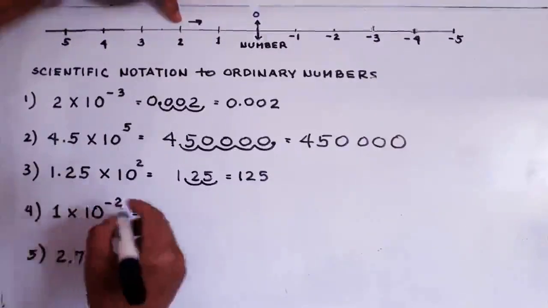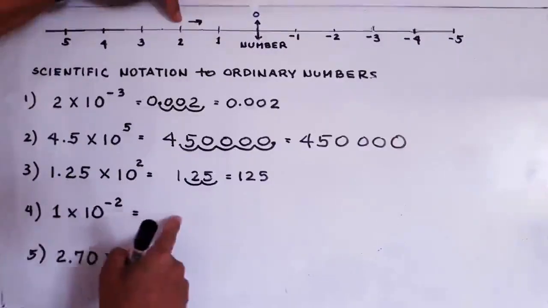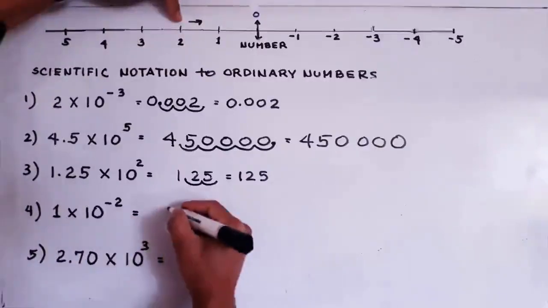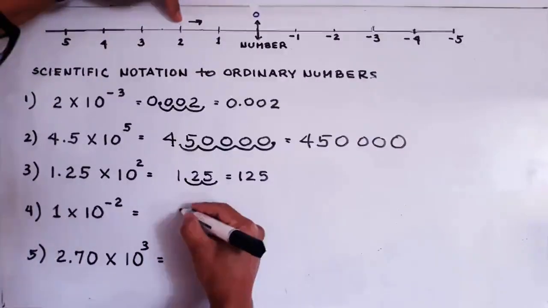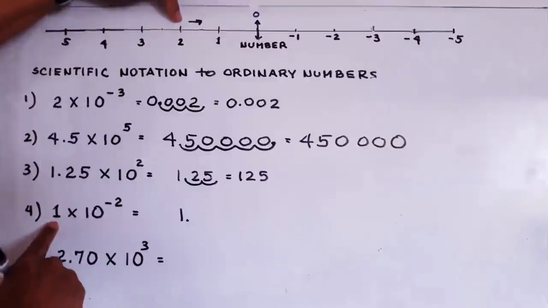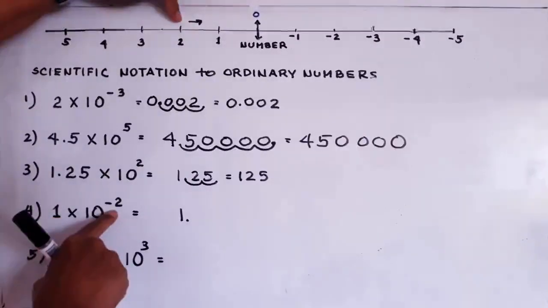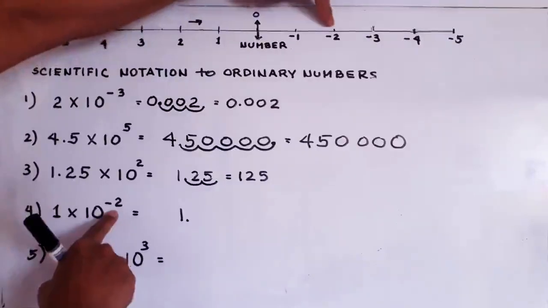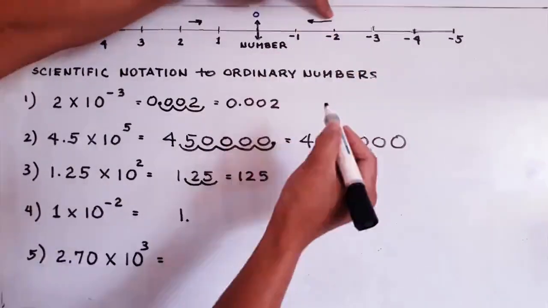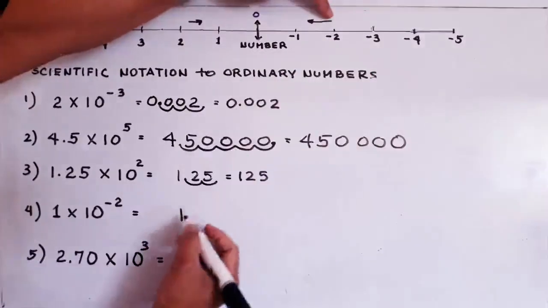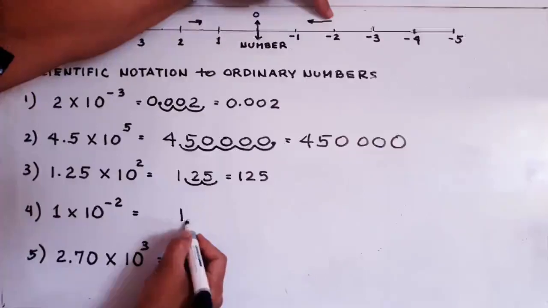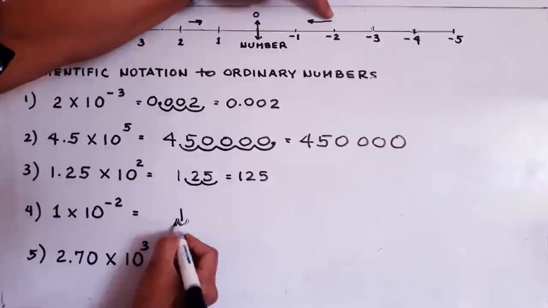Number 4, right? The one here. Where's the decimal point? It's there, 1 point. So we have 1 and the point here. So locate the negative 2. Where's the negative 2? Oh, it's there, negative 2. Move it to the left. How many? 2. So to reach that number there, we have 1 is here and 2.